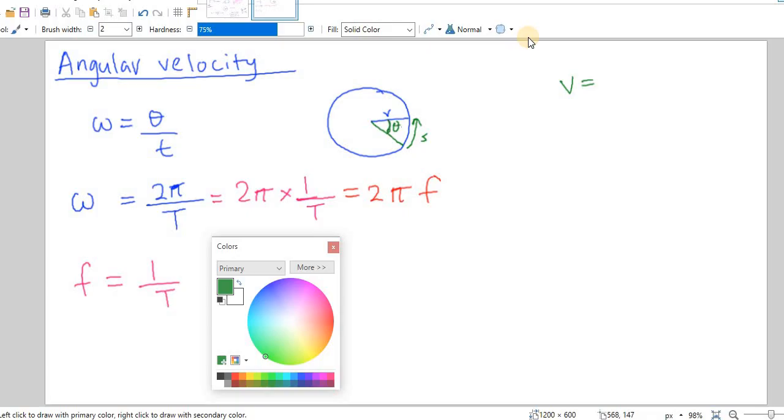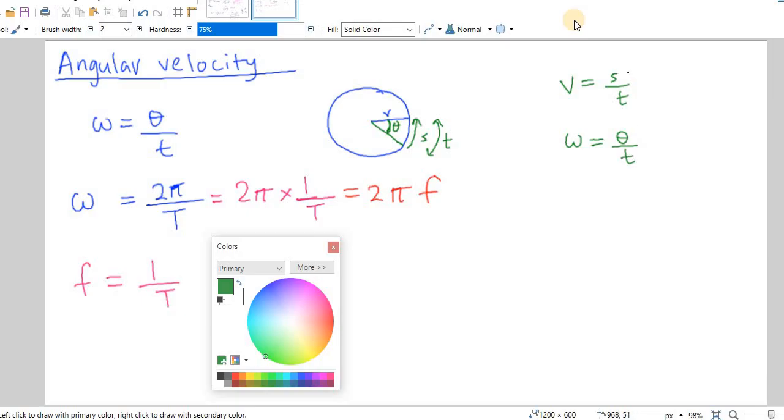So v equals s over t. Velocity is equal to displacement divided by time. Now this is not the angular velocity, this is the normal velocity, the velocity you have learned before. But the angular velocity for this case will be omega equals theta over t. So there is a difference.